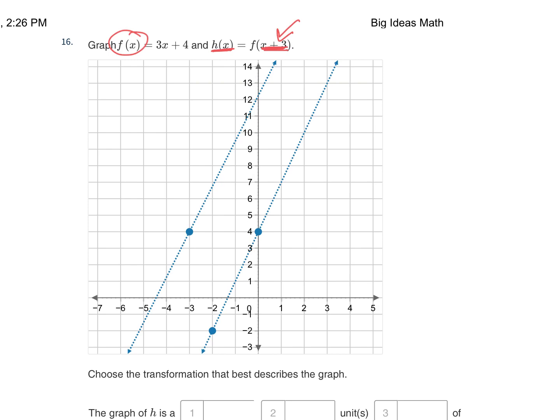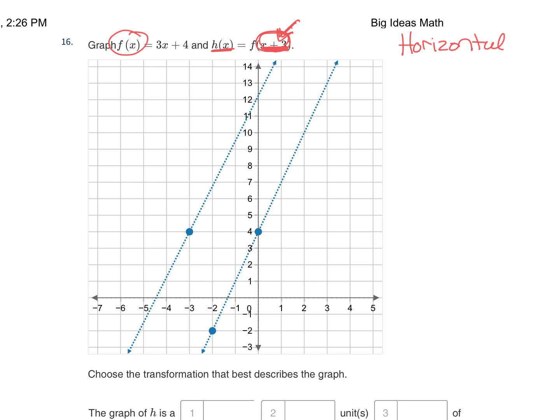Anything inside that opposite world, inside those parentheses or absolute value bars, you're going to be doing the opposite. And if it's anything happening inside there, then it's going to deal with horizontal. Anything on the outside deals with vertical. So we're dealing with horizontal.